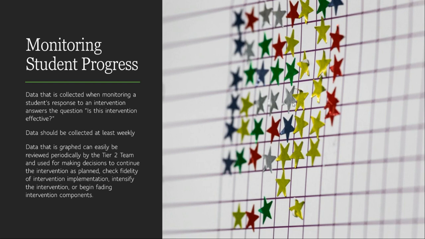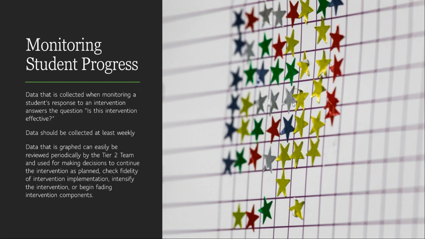Data that is collected when monitoring a student's response to an intervention should answer the question, is this intervention effective? Data on the student's response to that intervention should be collected at least weekly.